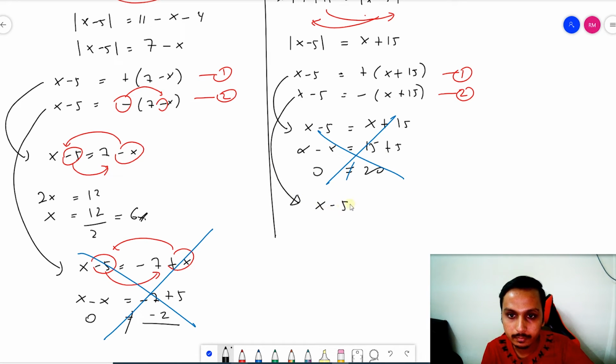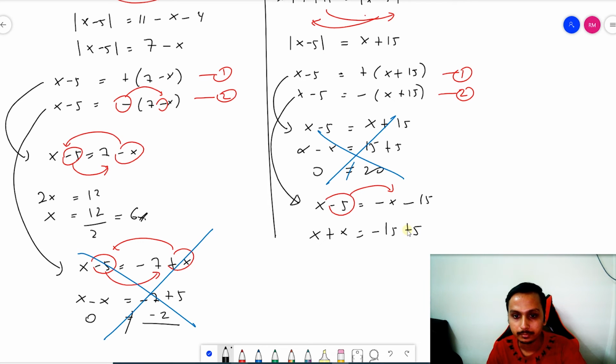So x minus 5 equals to, when you open the bracket, negative x plus 15. So this negative x, when you move to the right hand side, is going to be x plus x equals to negative 15, copy back. This negative 5, you need to move it to the right hand side, correct? So it's going to be positive 5. So x plus x equals to 2x again, equals to negative 20.